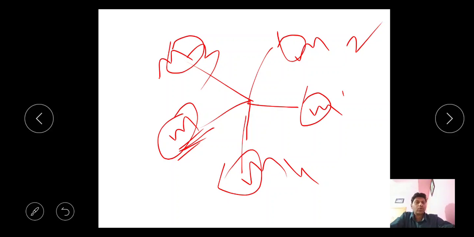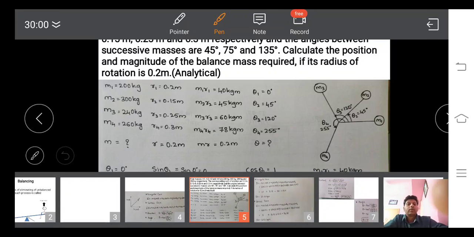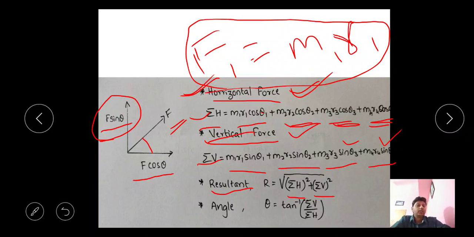See, this angle I told you. The resultant m is nothing but a resultant. For this resultant, what is the angle it is covering from here? That angle is called theta, that we are finding. So we find the resultant mass, then the angle.